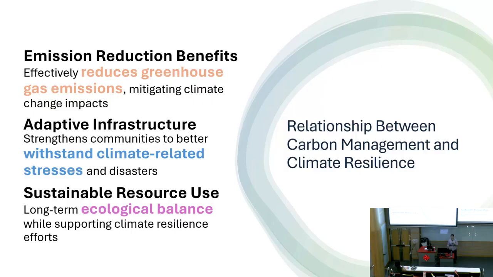And to do that, we need to build adaptive infrastructures, just in case we can't reduce all the impacts. And of course, we need to build up long-term ecological balance. So there's a balance between nature and our urban environment, and how we make use of the environment to ensure that we've got sustainable resources, and enough fuel for the future.